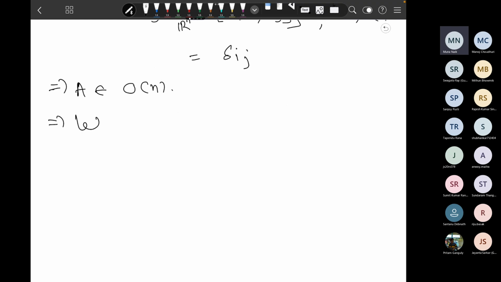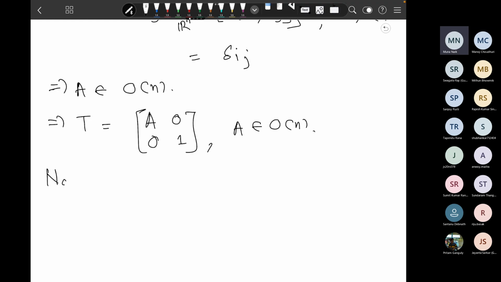So let T. This implies T is of the form A 0 0 1, where A belongs to O_n. Now as T belongs to O^{++}(n,1), the determinant of A is really greater than or equal to 1. And since A belongs to O_n, the determinant of A is equal to 1.